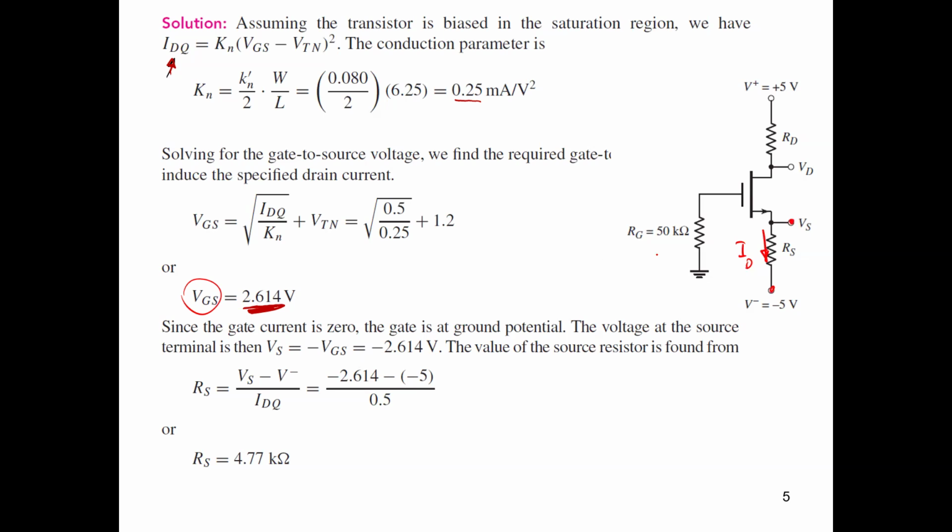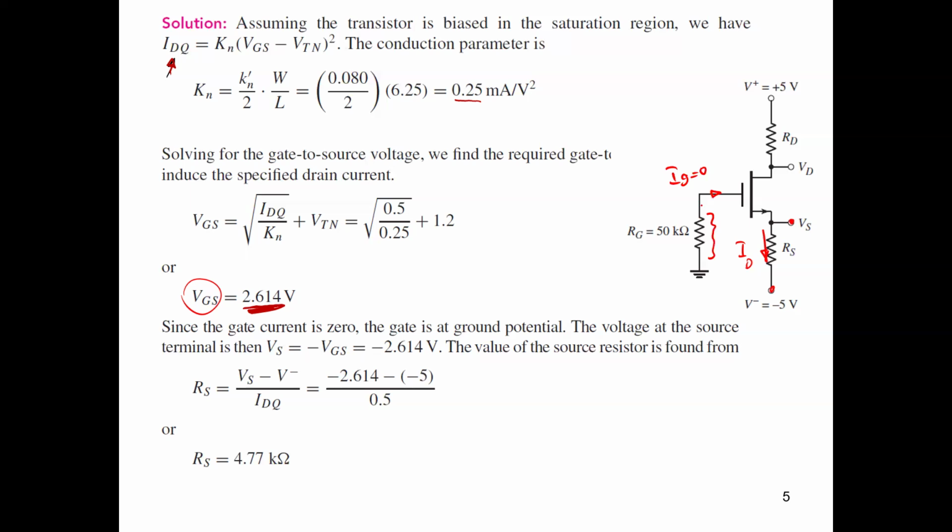So what is the current flowing in this branch, guys? Yes, correct. Your thinking is right. IG equals 0. So what is the voltage drop across this resistance since this current is 0?